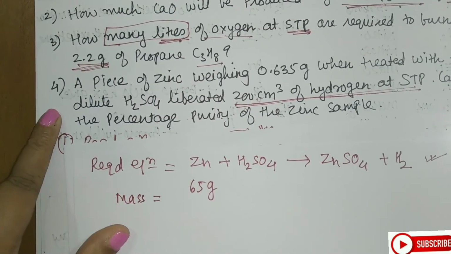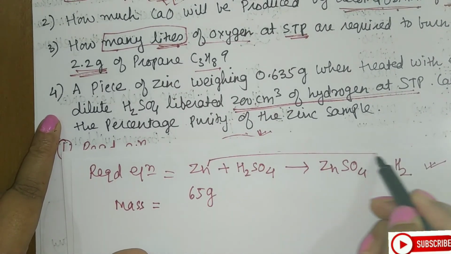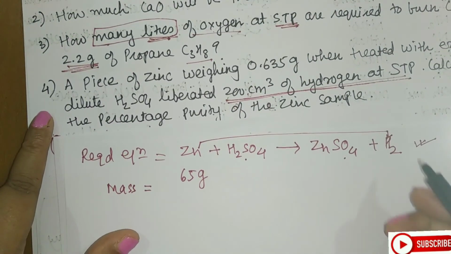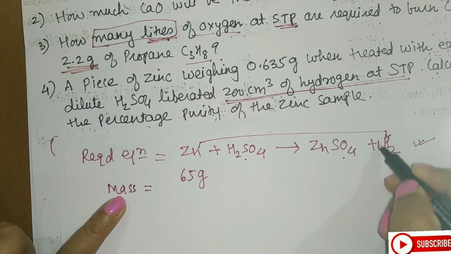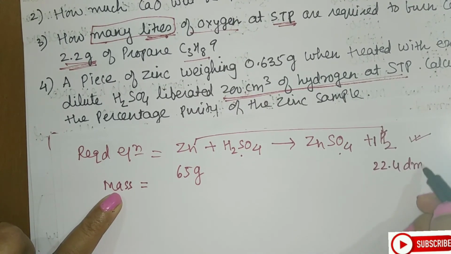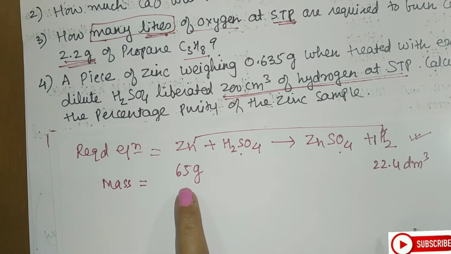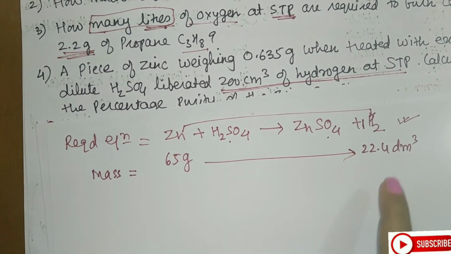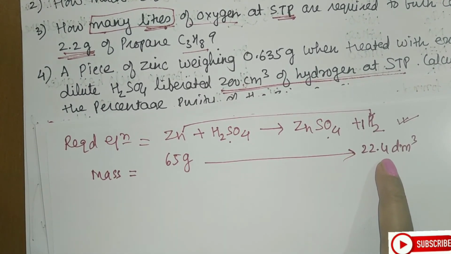So my standard equation is only between zinc and hydrogen. I'm not interested in H2SO4 or ZnSO4. If you see this, 1 mole is formed here, which means 22.4 dm cube or liter is formed. So when you treat 65 gram of zinc with an acid, 1 mole, that is 22.4 dm cube of hydrogen, is liberated.